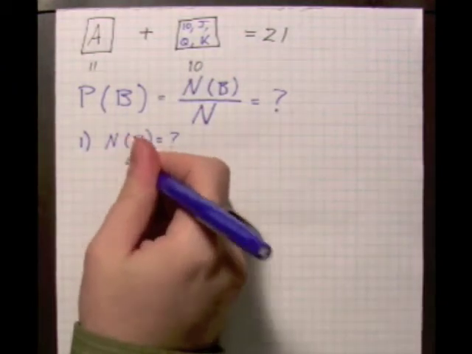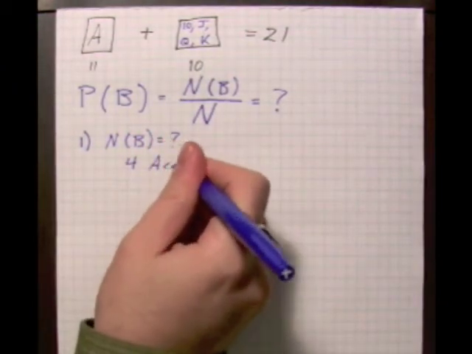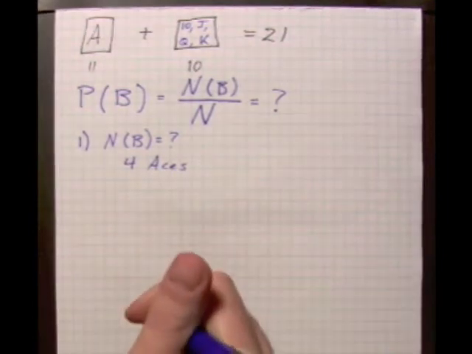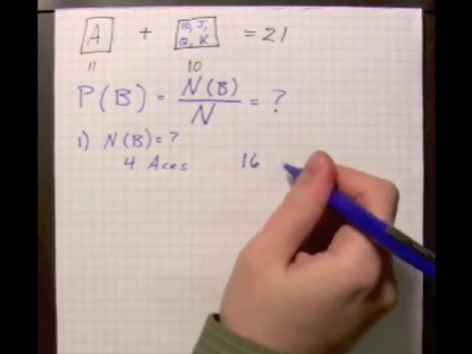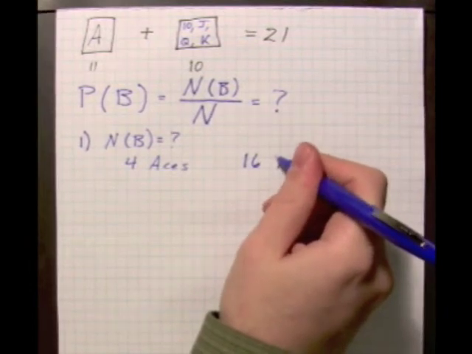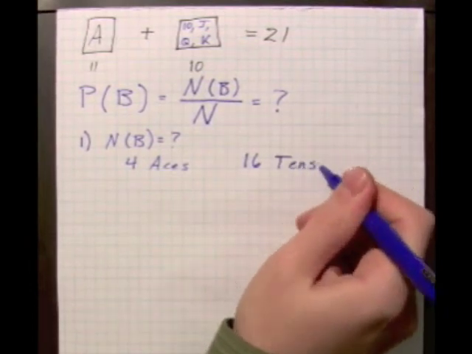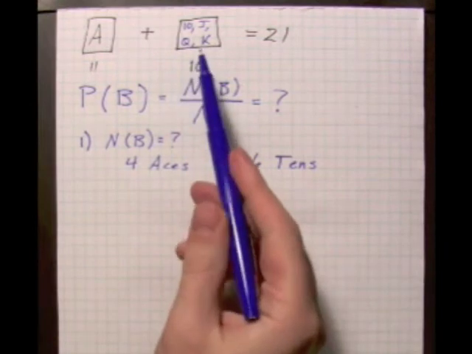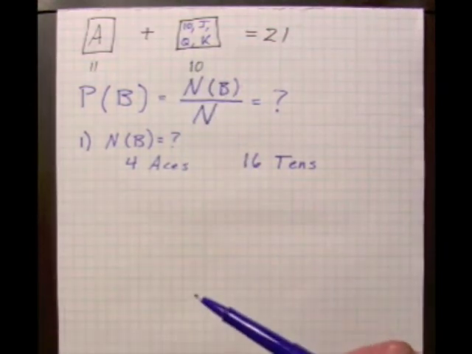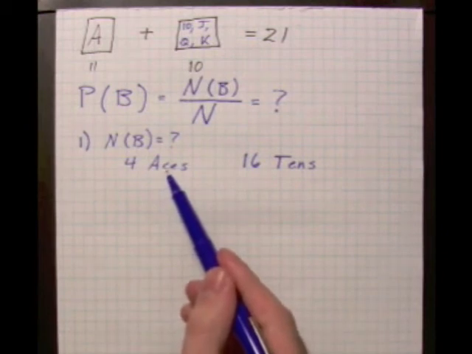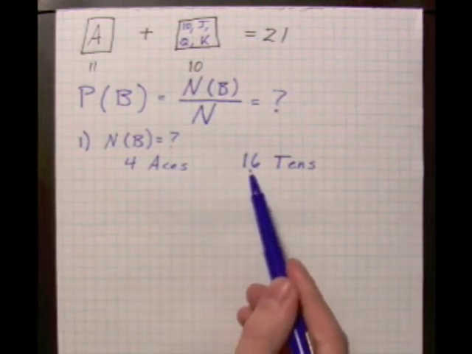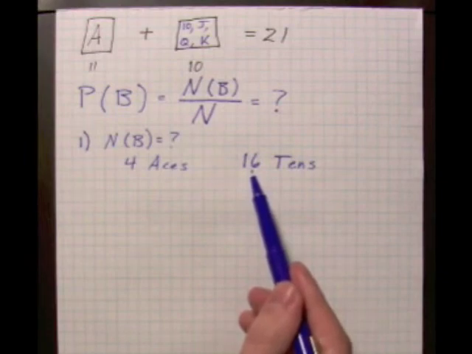There are 4 aces in the deck, and there are 16 cards valued 10: the 4 tens, jacks, queens, and kings, 16 total. Every single one of these aces could potentially be matched up with any one of these 10s to give us a blackjack.